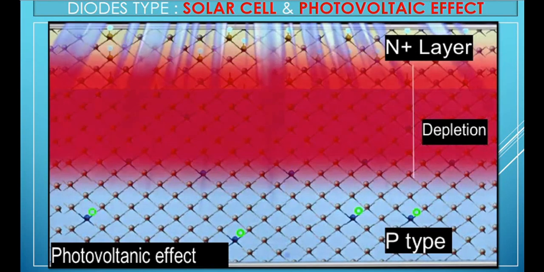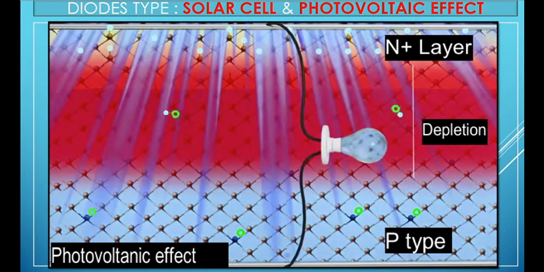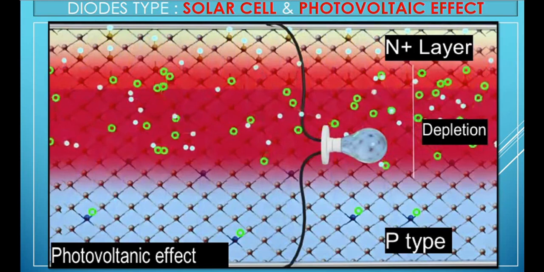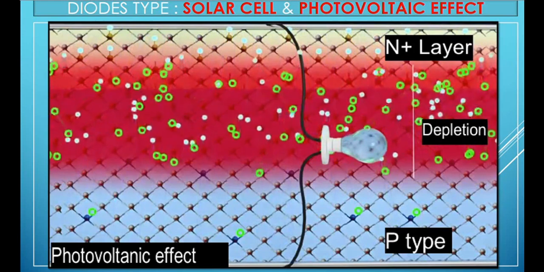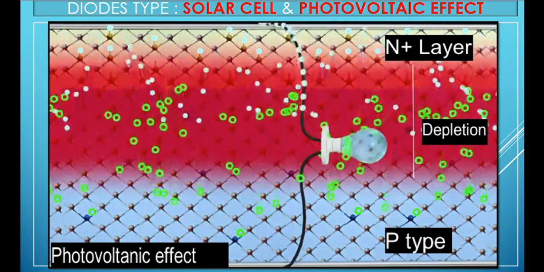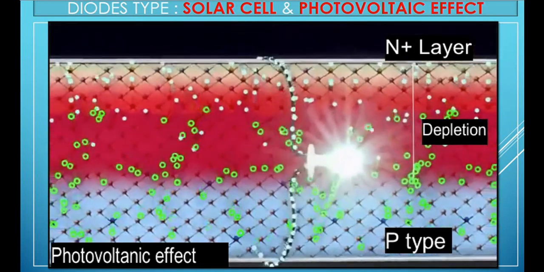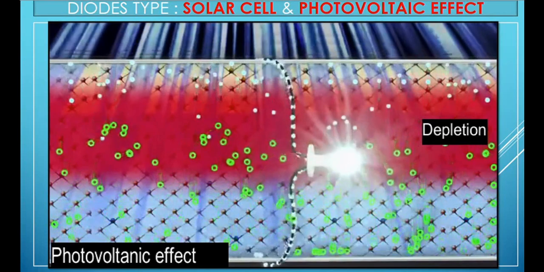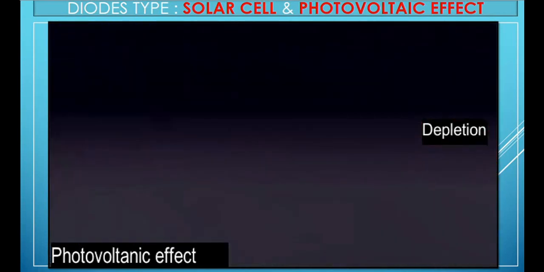When we connect a load across the N plus layer and the P-type semiconductor, electron-hole pairs can easily go through the load, and light energy is converted. So we get a constant voltage.